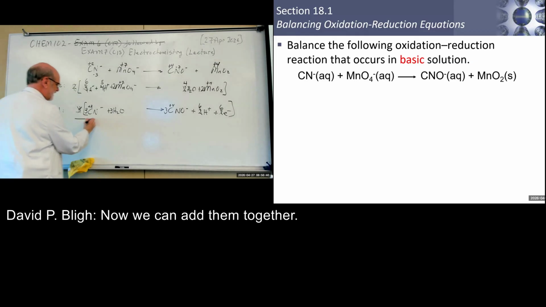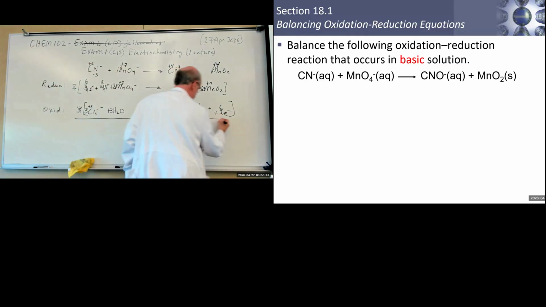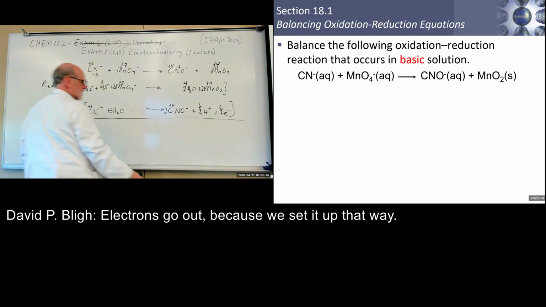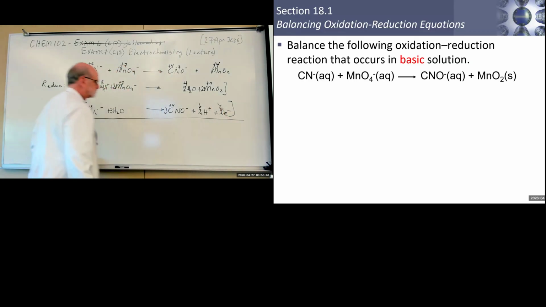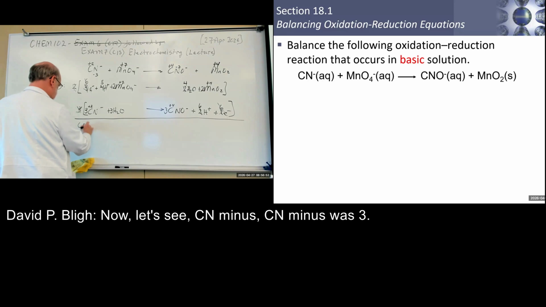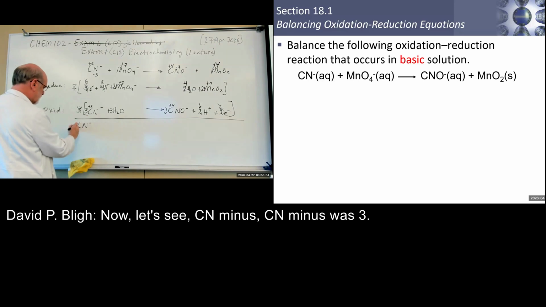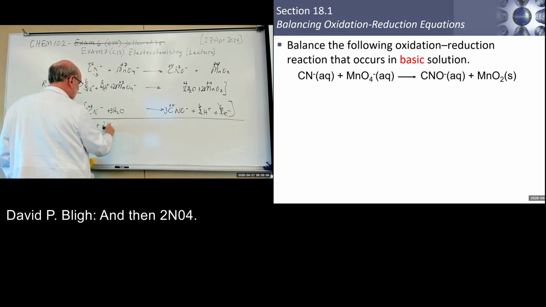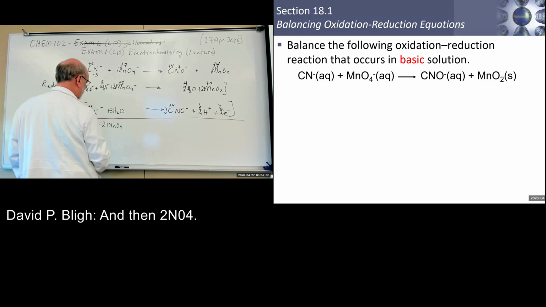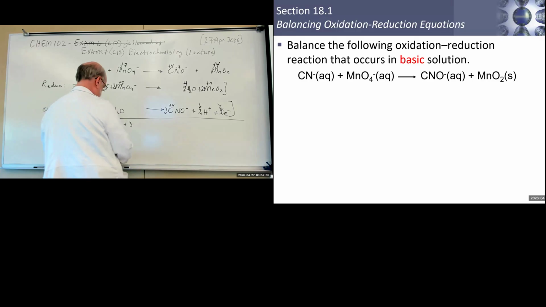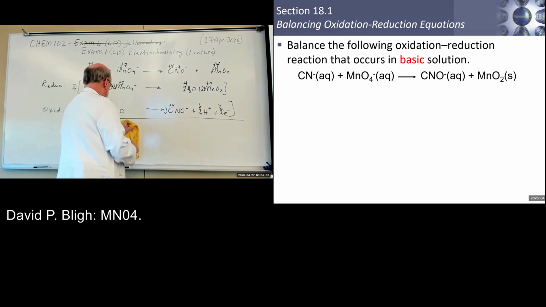Okay. Now we can add them together. Electrons go out because we've set it up that way. Now let's see, CN- was 3. Okay. And then 2 MnO4-, then waters. Excuse me.